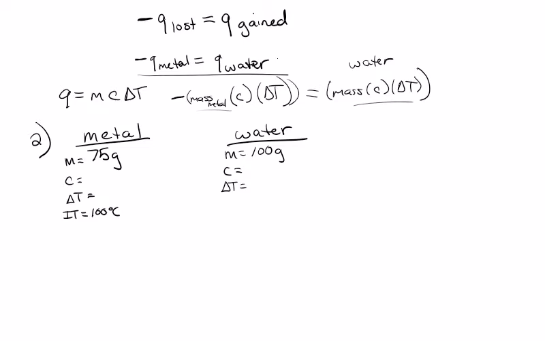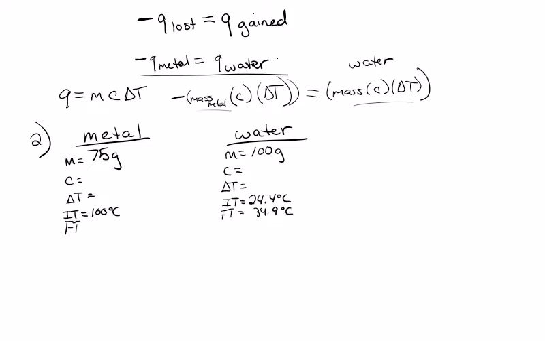Its temperature to start out with, and so I'm going to write IT, initial temperature, was 24.4 degrees Celsius. The metal sample is removed from the boiling water. It's immediately placed in the water in the calorimeter, and the final temperature of the metal and the water is 34.9 degrees Celsius. So final temperature, 34.9 degrees Celsius.